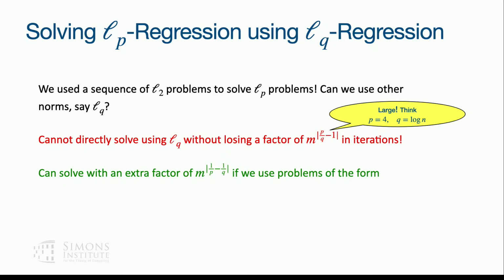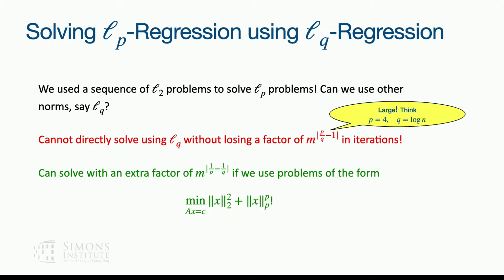the thing you can show is that you can solve with an extra factor of only m to the 1 by p minus 1 by q. And this is small. If you use a regularized version instead of directly solving the p and q problems, you can solve these. So you can directly solve this problem, minimizing x squared plus x to the q for any p and q, with only an overhead of m to the 1 by p minus 1 by q.